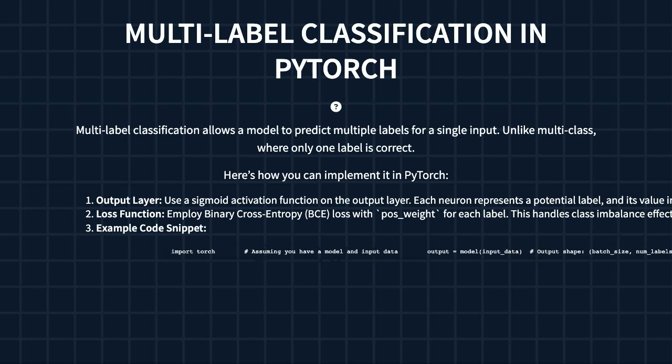To achieve this in PyTorch, you'll need to adjust your output layer, typically using a sigmoid activation function on each neuron representing a potential label. This gives you a probability score for each label. Then you use binary cross-entropy loss, but importantly, you'll want to consider class imbalance by adding weights using the pos_weight argument. Finally, don't forget to backpropagate and optimize your model.